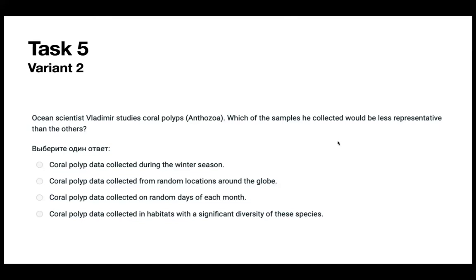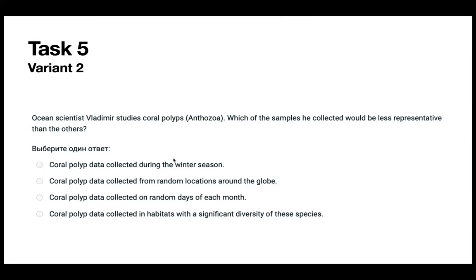And we need the least representative way of collecting the data. And here we got a reef inhabited with a significant diversity of species. So that's pretty representative too.